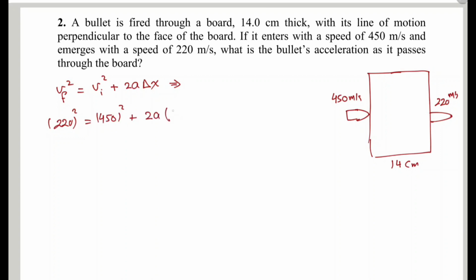Now delta x is 14. It has to be in meters, by the way, so it's 0.14 minus 0. So you substitute this, you will find that a equals minus 500 kilometers per second squared.